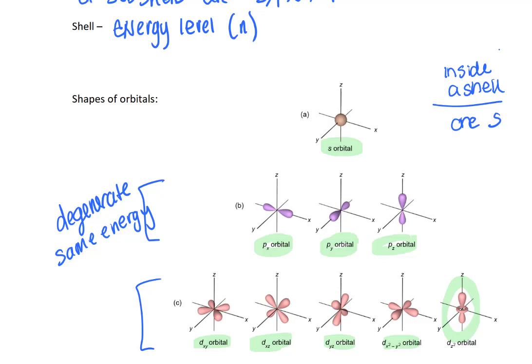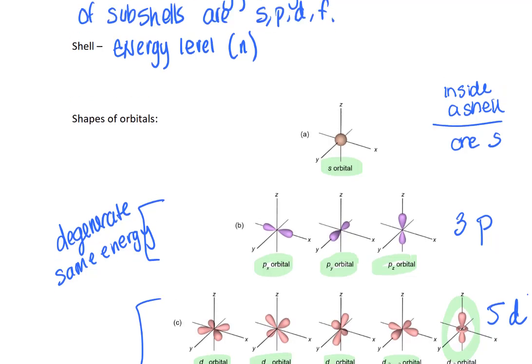Inside one shell, so if we're talking about shell number 1, you can only have a singular s orbital. If we talk about shell number 2, you can then have the option of p orbitals, and there's going to be 3 p orbitals. There's going to be 5 d orbitals, and then we don't have f orbitals pictured, but there's going to be 7 of those.